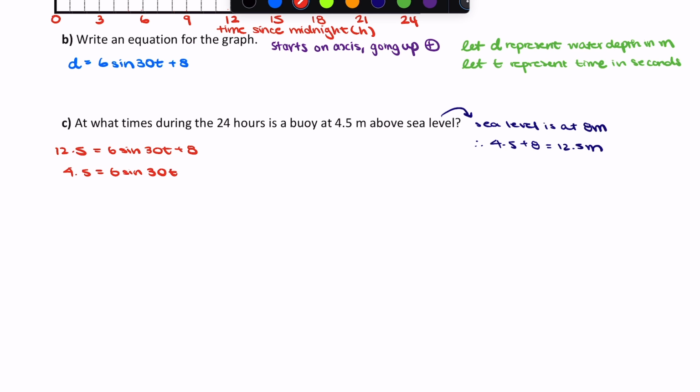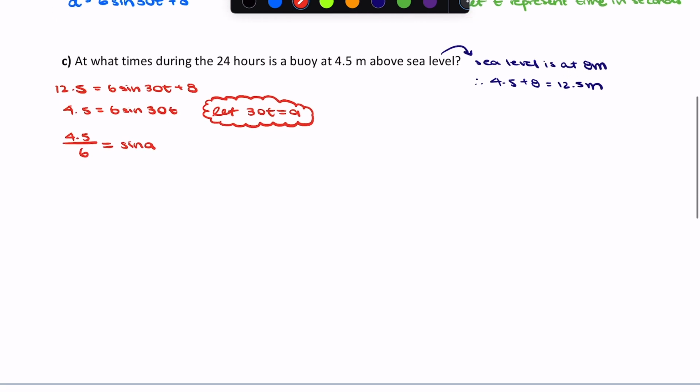And we'll first let 30t is equal to a, and then we'll divide by 6 here. So here we have 4.5 over 6 is equal to sine a. Here we see that when we calculate it, we get a is approximately equal to 49.